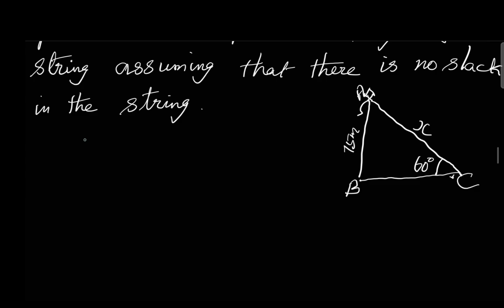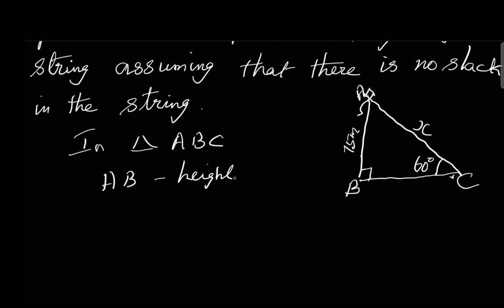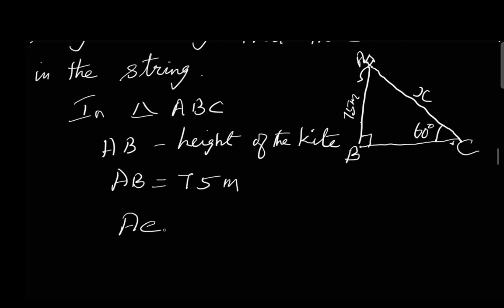So this is 60 degree in triangle ABC. This is 60. Opposite side. But you have to find here opposite to 90 degree. This hypotenuse you have to find. So first let me take the given concept AB, height of the kite. So that AB they given us 75 meter, and AC string, length of the string.